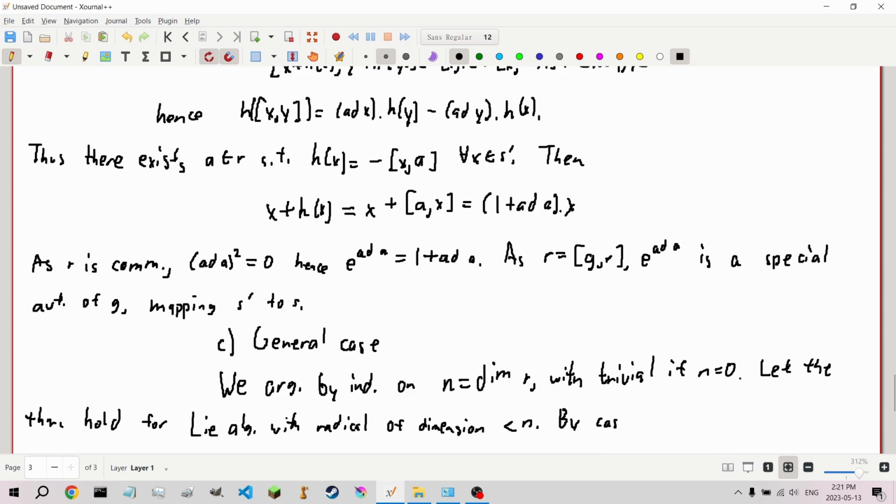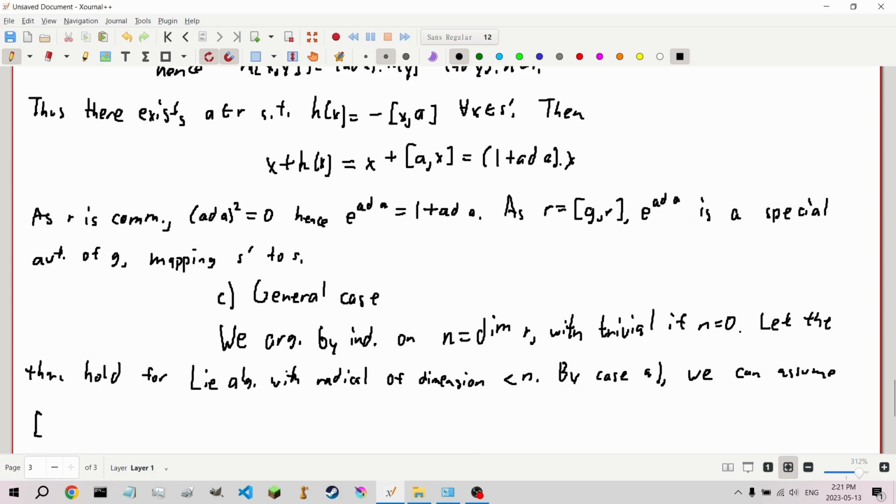By case A, we can assume that the bracket of G on R is non-zero, because otherwise A just solves it instantly.